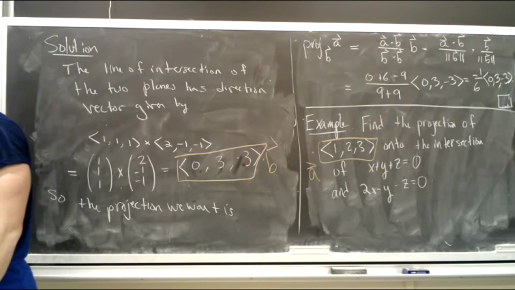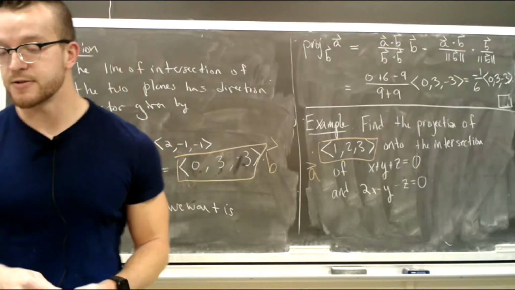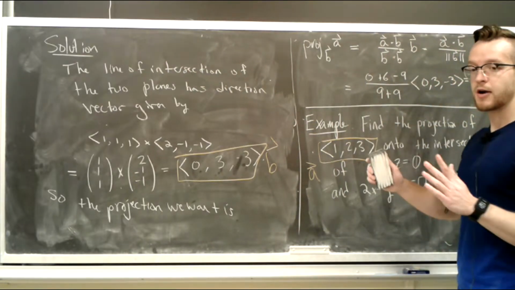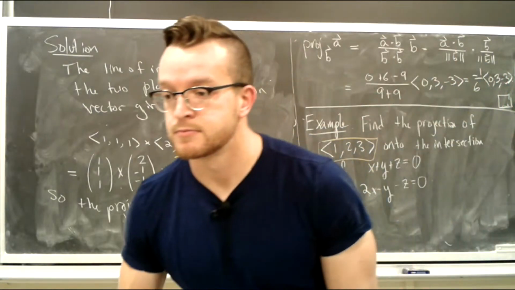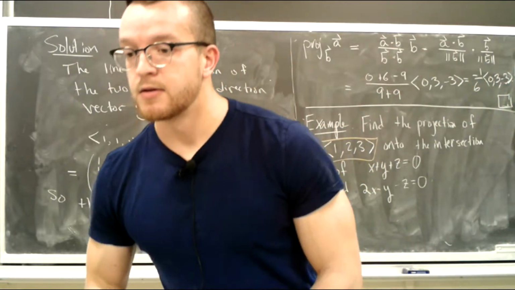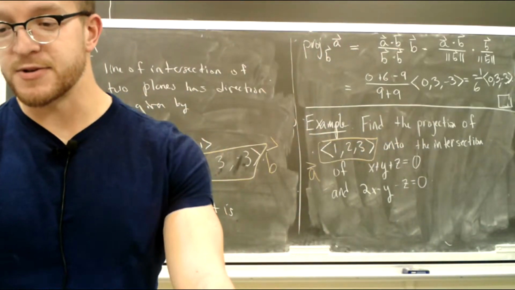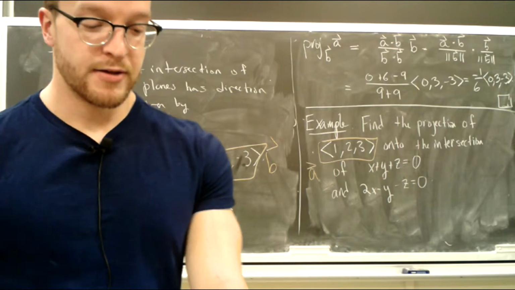Oh, let's actually do something a little similar to what Abhishek just asked about, which is I want to parameterize the intersection of two surfaces next. So in this specific case, I would want the answer to be a vector.